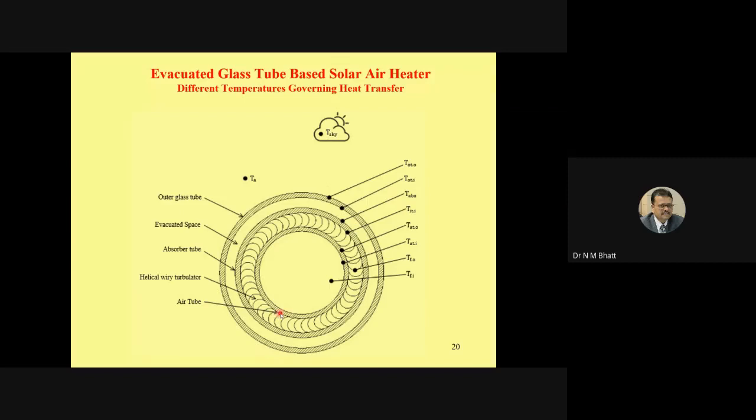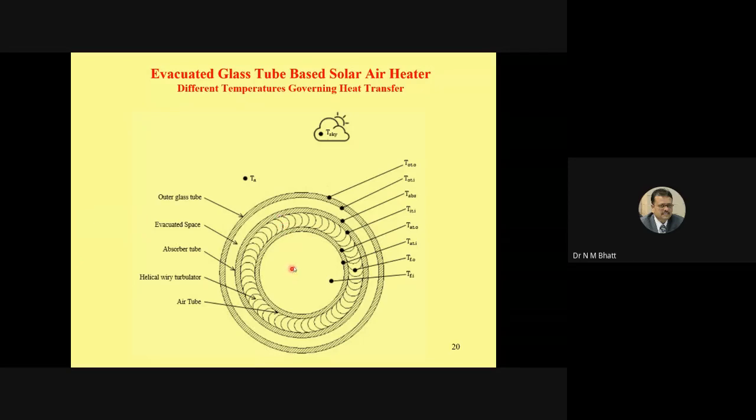So how did we create the fluid conduit? We have inserted one air tube inside the absorber tube. And this air tube is inserted up to a few mm from the closed end, so that air can take a U-turn at the closed end and come back from the annulus of the air tube and the absorber tube.